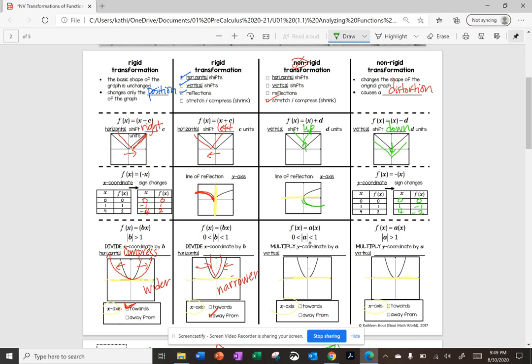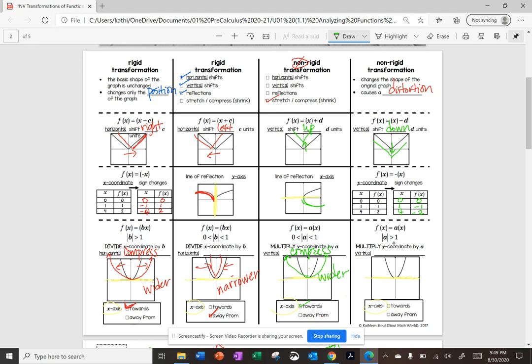Okay, so for the vertical stretch and compress, if A, the absolute value of it, is between 0 and 1, I would call that a compress. And a compress means I'm getting wider. So what is going on with relationship to the x-axis means I'm going towards it.